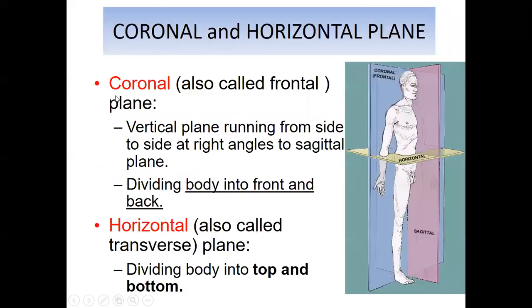And then for the coronal plane, this coronal plane is also known as the frontal plane. So this is the other name of the coronal plane. How do we cut the body for the coronal plane? The coronal plane is a vertical plane running from side to side, from left to the right, at right angles to the sagittal plane.